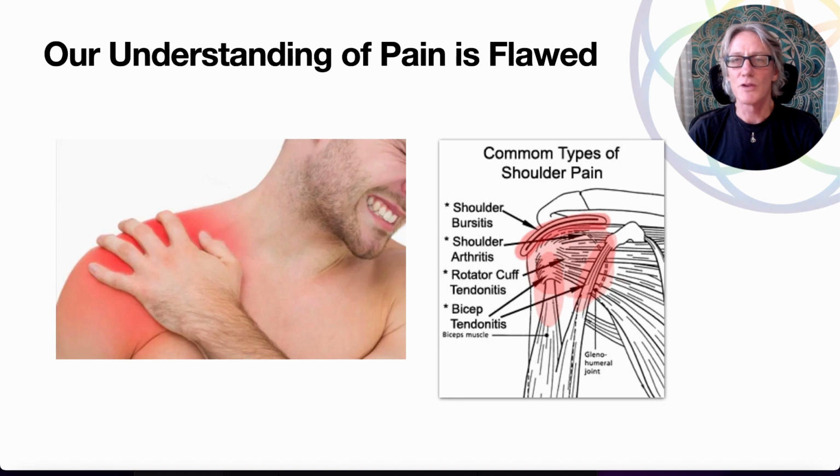It doesn't give you any information. There's no course forward with that information. Or bicep tendonitis. These diagnoses are just assuming that there is a problem in the local structures there, and no one is ever actually confirming that with anything.